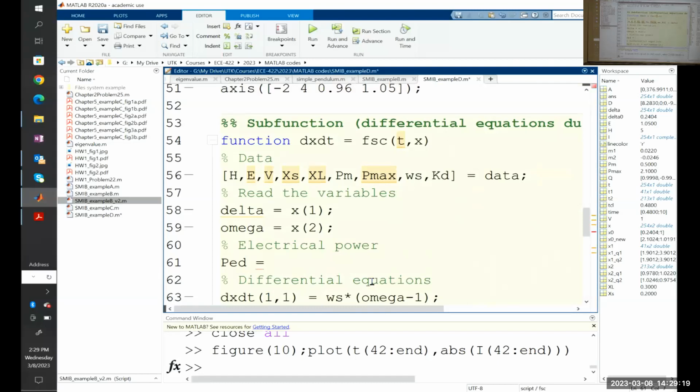And that's going to be given by the equation that we have in the whiteboard. So that equation is going to be, we have the data EB over XAB.